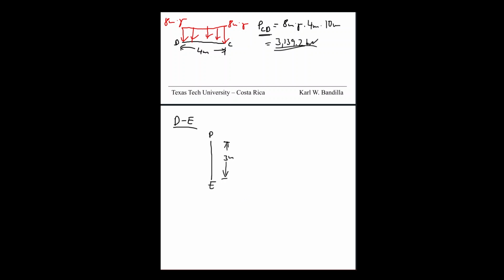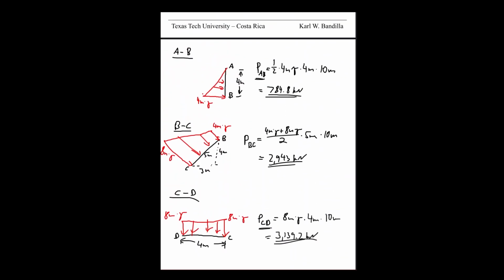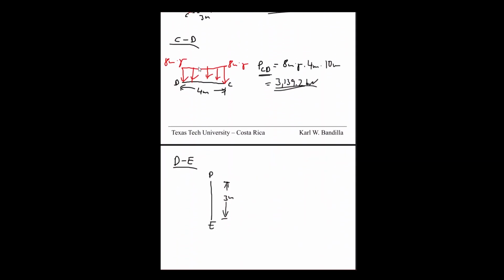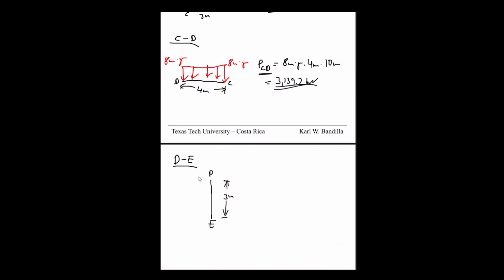And now we know what our pressures are. We calculated them up here. We said at D it's 8, at E it's 11. So we get another trapezoid. So this is 8, this is 11. Again, all we have to do is find the area of this trapezoid, and we're good.